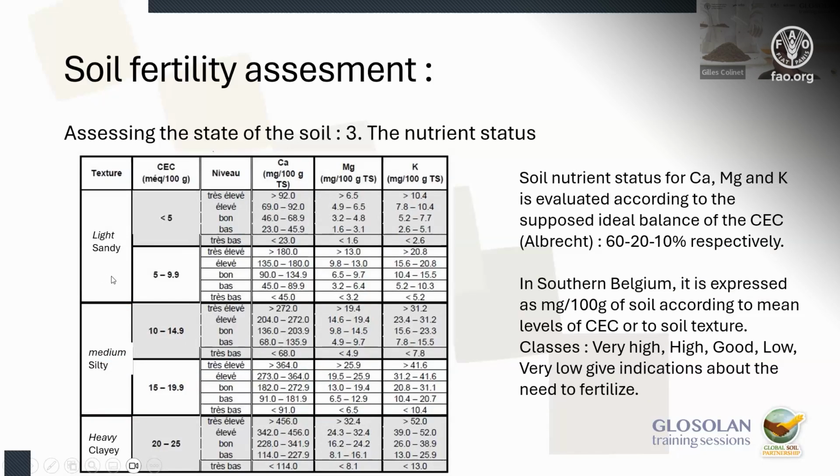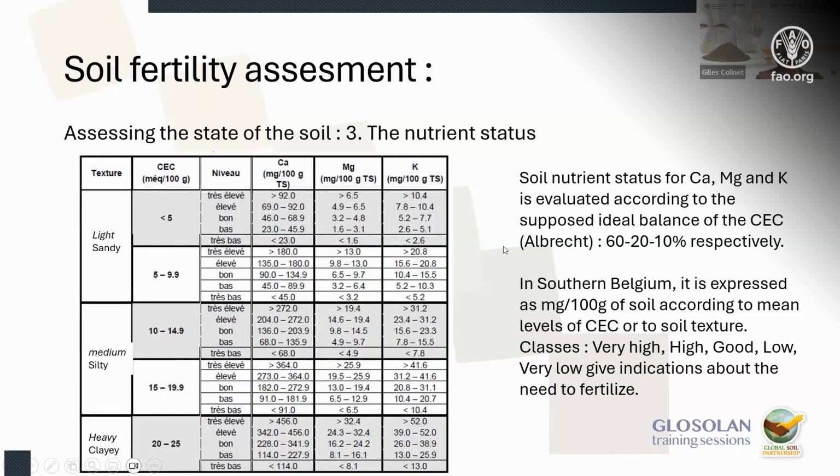Usually in sandy soils, the cationic exchange capacity is lower, so we have less than 5 or less than 10. The silty are between 10 and 15 or 15 and 20, and more than 20 centimoles per kilogram, you have clay soils.